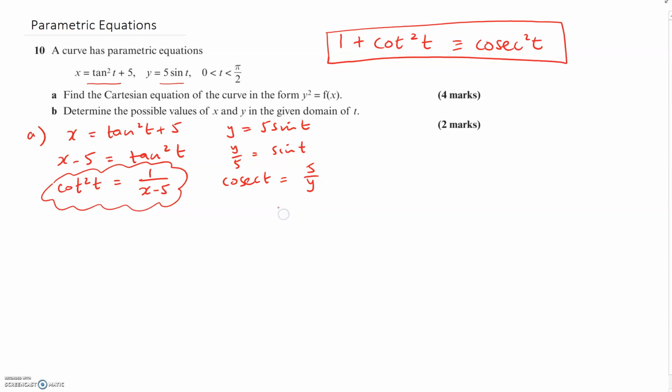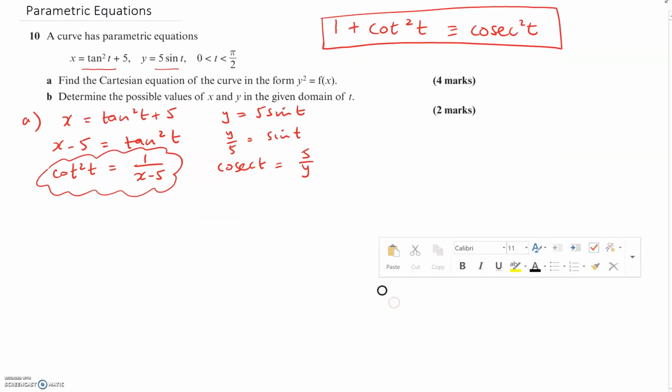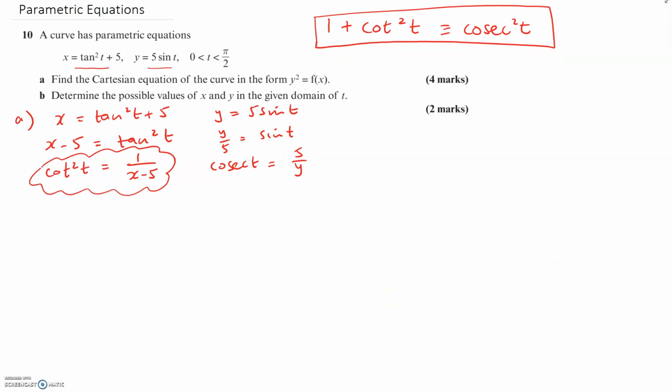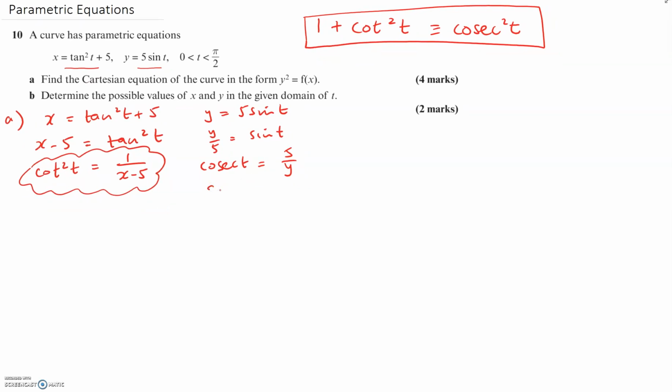Actually, but what I want is cosec squared, so I'm going to square both sides. Sorry about this screen. Cosec squared then is 25 over y squared, so that's what I want for the identity.